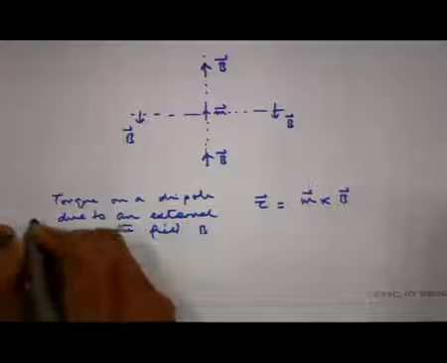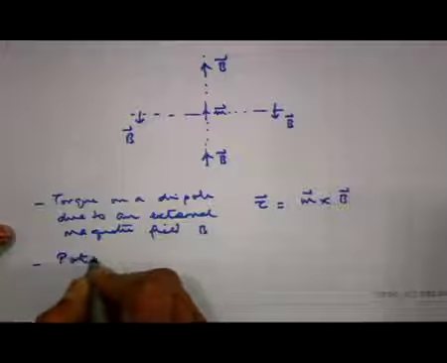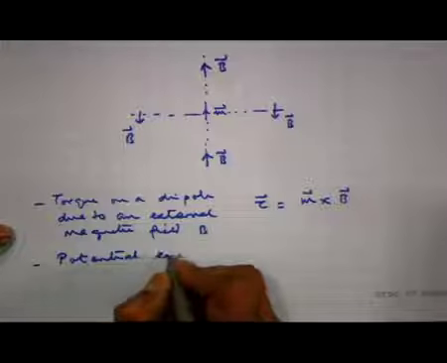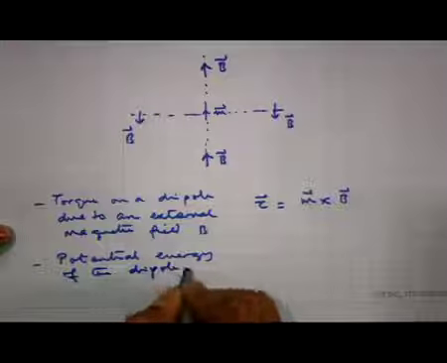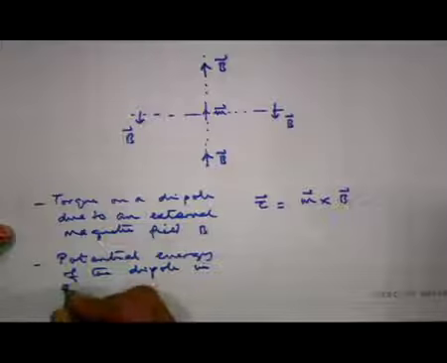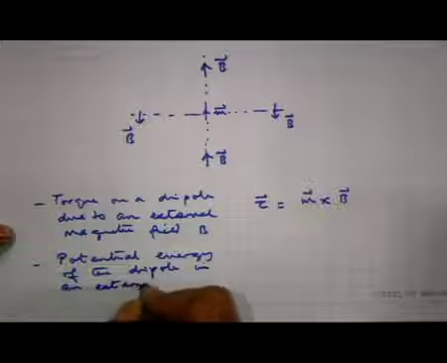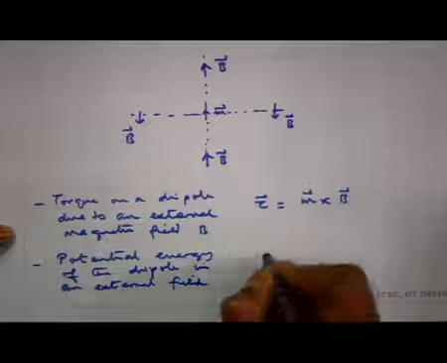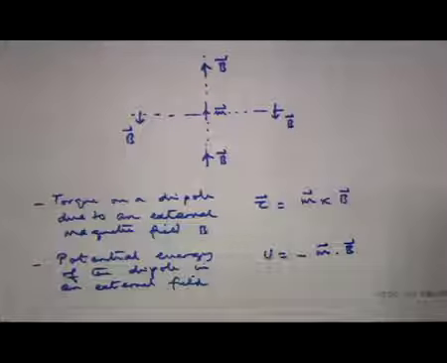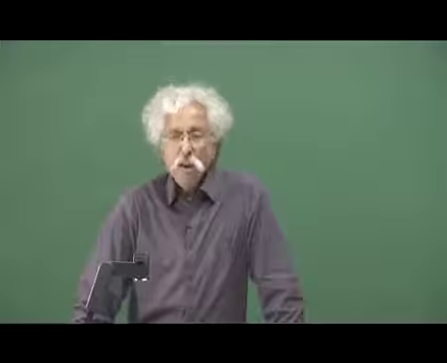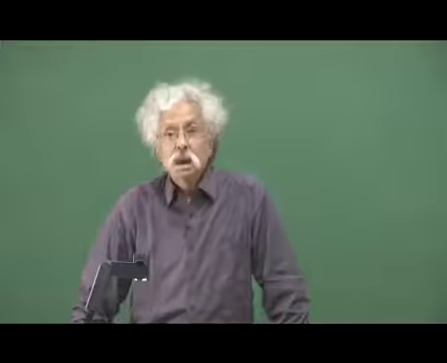We had also calculated the potential energy of the dipole in an external field, U is equal to minus m dot B. That is the potential energy, and the zero of the potential energy is assumed to be when m and B are perpendicular to each other, and the external field tends to align the dipole parallel to the magnetic field, where the potential energy is minimum and equal to minus mB.